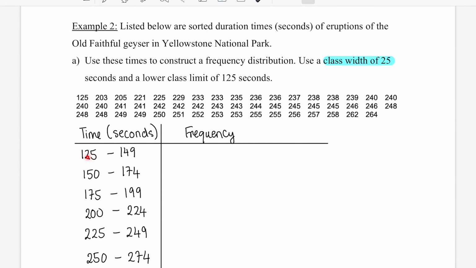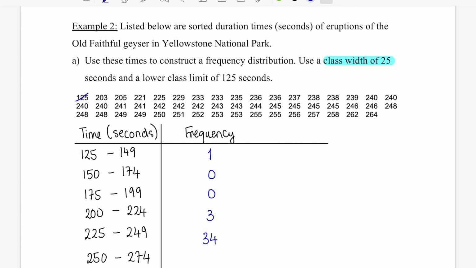For the first class from 125 to 149, I only have one value. So the frequency is 1. From 150 to 174, I don't have any, so the frequency is 0. 175 to 199 has a frequency of 0 as well. 200 to 224 has 3. 225 to 249 is 34.